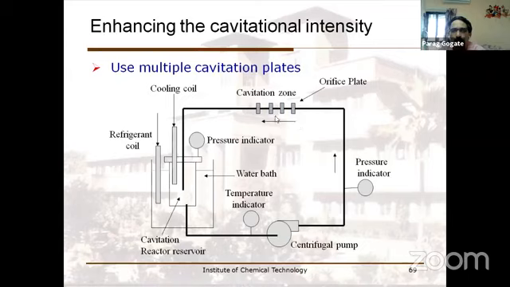Now, typical engineers would quickly tell me that you are going to increase your pressure drop significantly. But what I'm achieving is much higher cavitational intensity here. So you need to balance your requirement, and definitely it can oxidize your chemicals at a faster rate. But yes, I need to look at the pumping energy which is required.